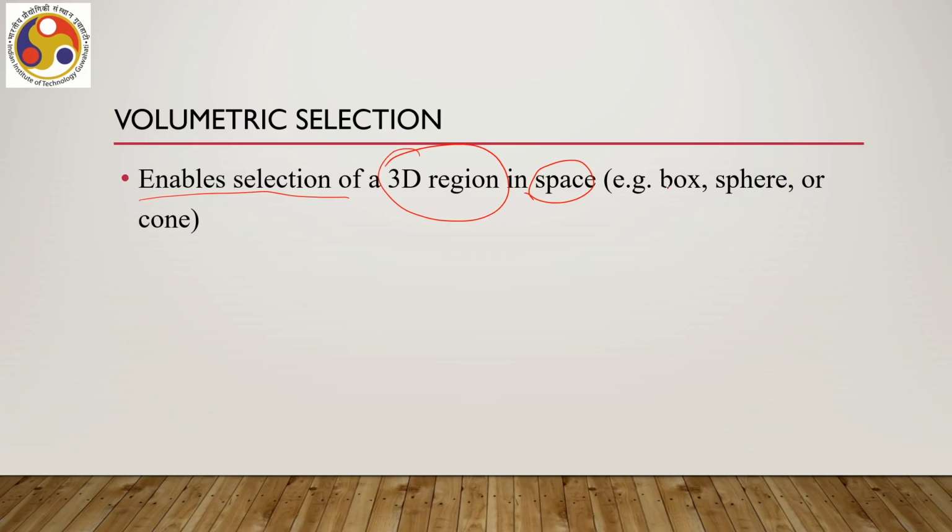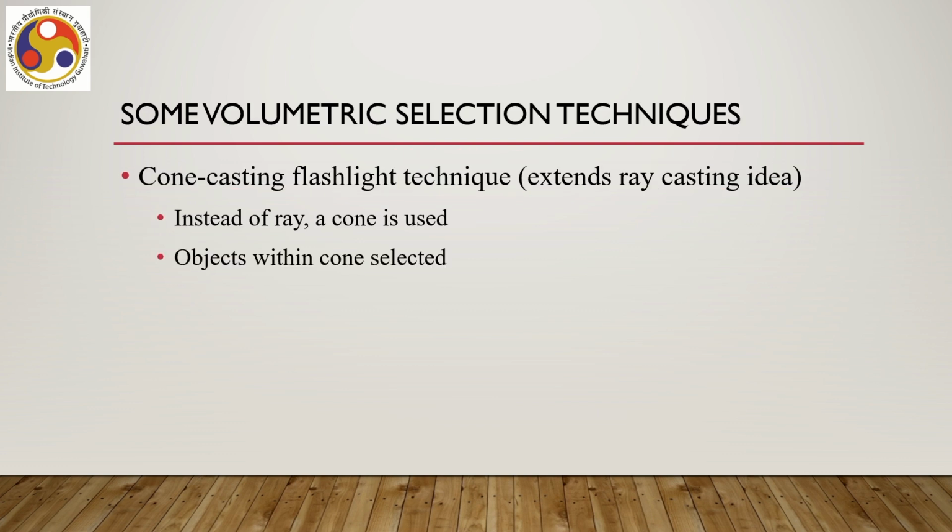Now, the region can be in the form of a box or cube, sphere or cone. Some of such techniques include the cone casting flashlight technique, which extends the ray casting idea. Here instead of a ray, a cone is used. So, the cone is cast to the distance, and objects within the cone get selected.